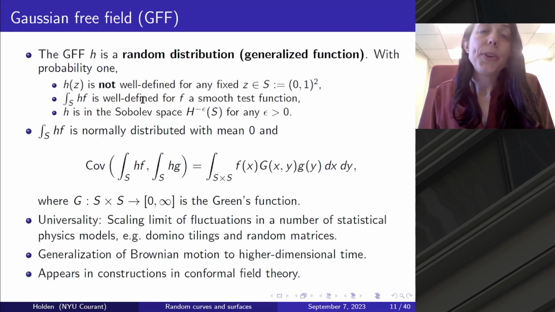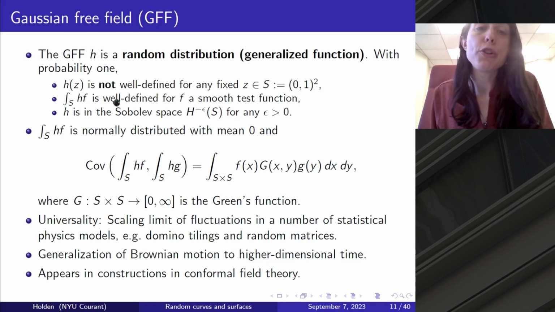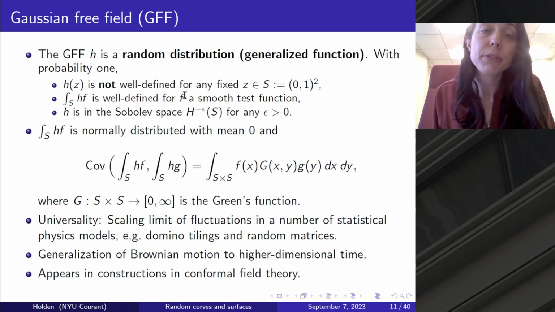But what one can argue is that if f is some smooth test function, then the integral of f against h is well defined. So this integral of h against f will be some random real number, and the law of this random variable will depend on the choice of smooth test function f.